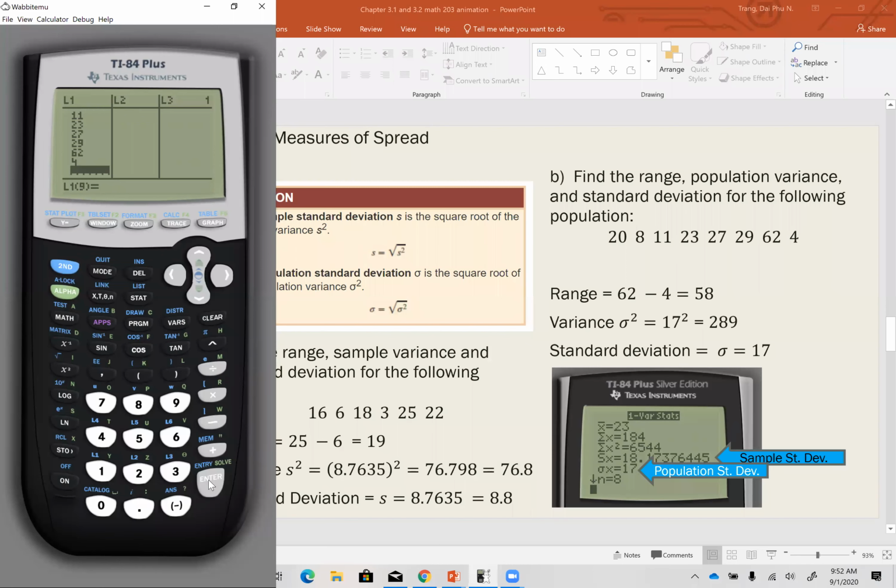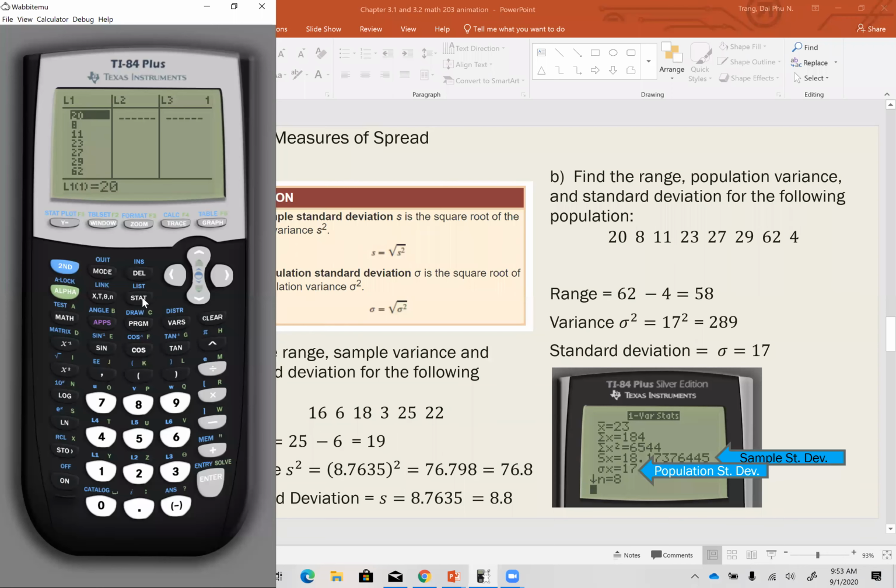Make sure you have 8 data, which in this case, I have 8 data, and make sure you type in the right number. And that's the one thing that a lot of students make mistake on the test, on the quiz, is they type in the wrong number. But again, 4, 63, 62, 29, 27, 23, 11, and 8, and 20. So I got the answer, I got my data.